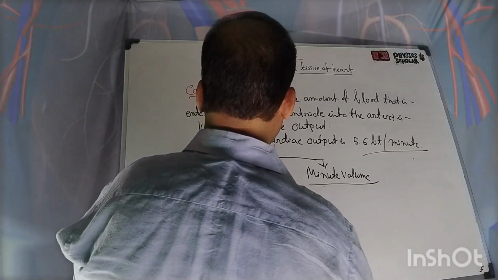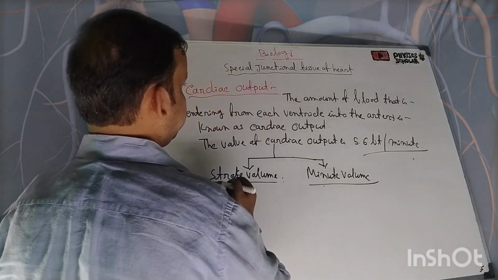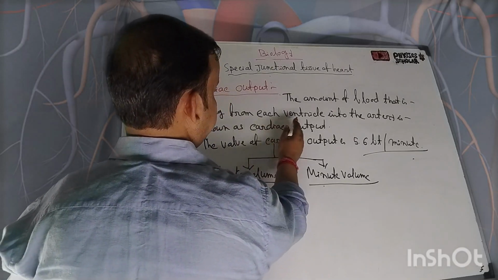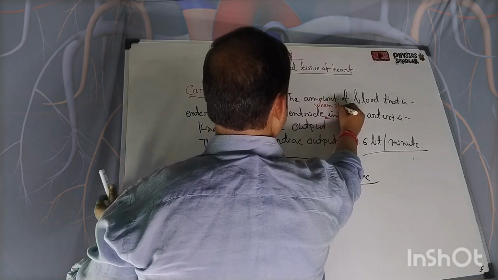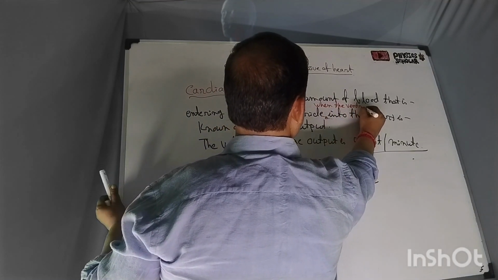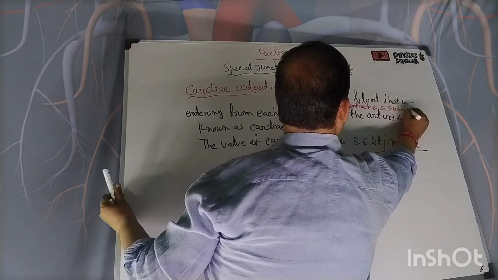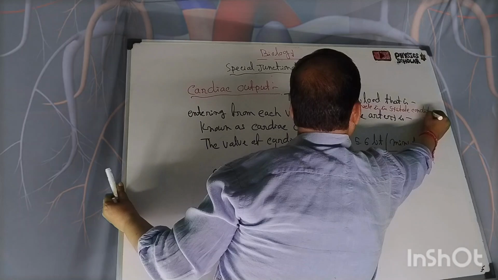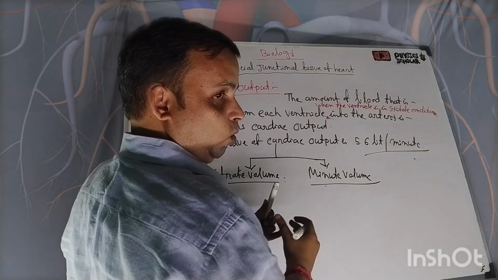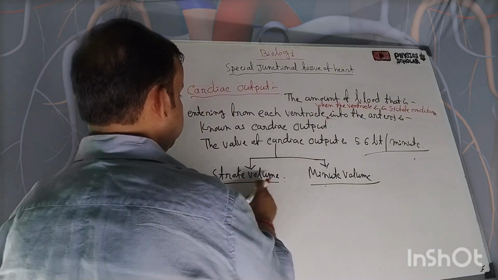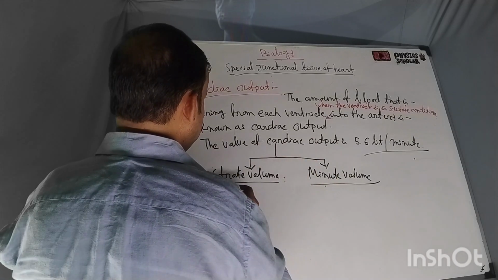Stroke volume means the amount of blood entering from each ventricle into the artery, and you have to mention that when the ventricle is in systole condition. Clear? When the ventricle is in systole condition, then the amount of blood entering.